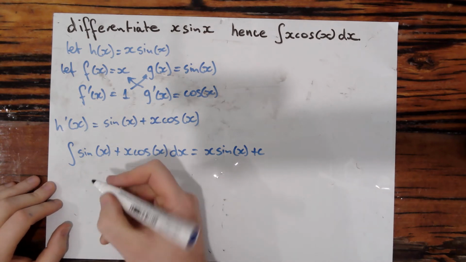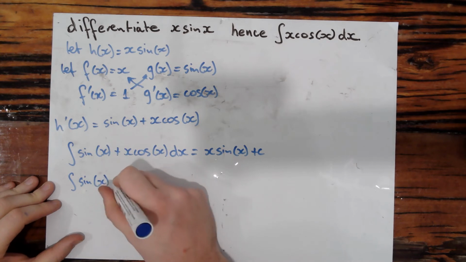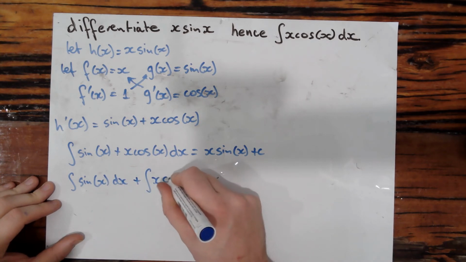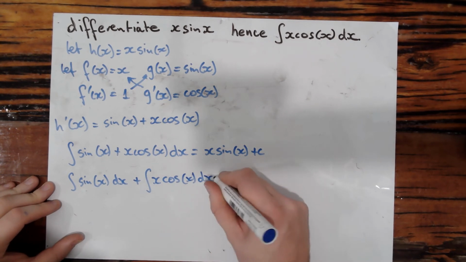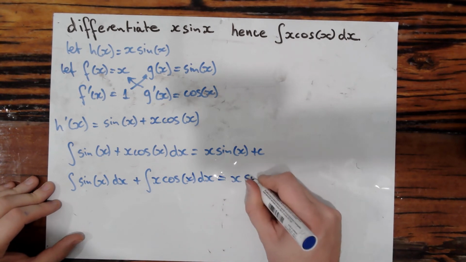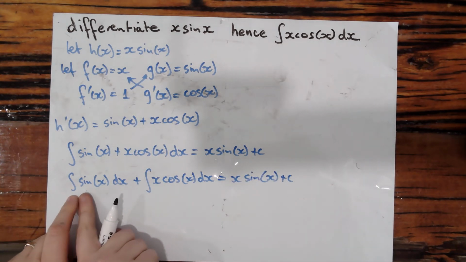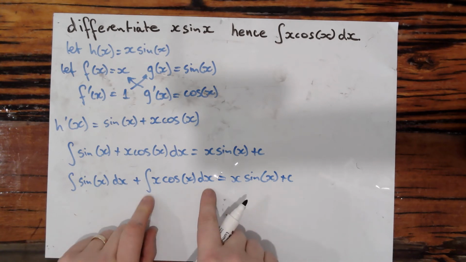I've got two parts here, and what I'm allowed to do is split this up into two parts. So you can see I've split into the integral of sine x dx plus the integral of x cos x dx. And this is what we want.